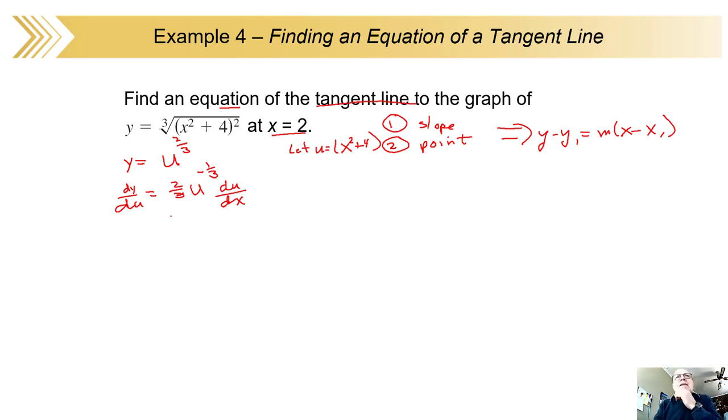So what do we have? So what's dy/du? I do need that du/dx. Okay, so what have I got? Well, while I've got this, I might as well work with that.